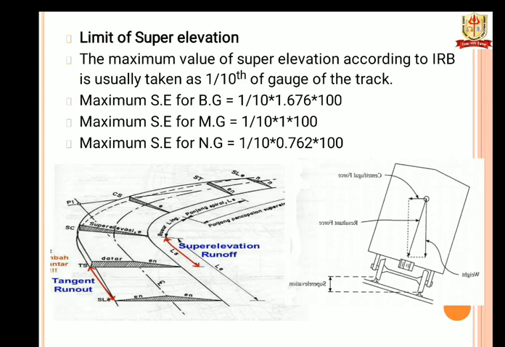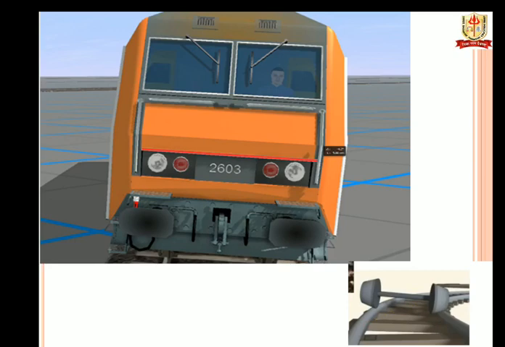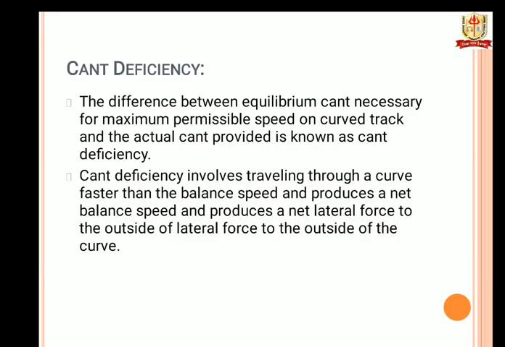Maximum super elevation for meter gauge is equal to 1/10 into 1 into 100. Maximum super elevation for narrow gauge is equal to 1/10 into 0.762 into 100. These are the images of super elevation.